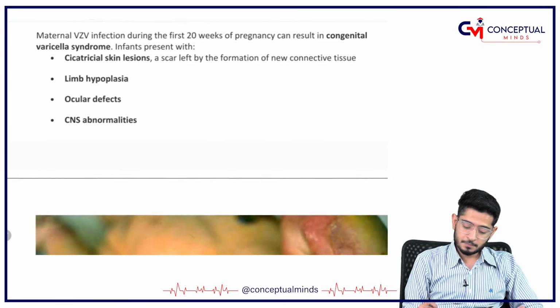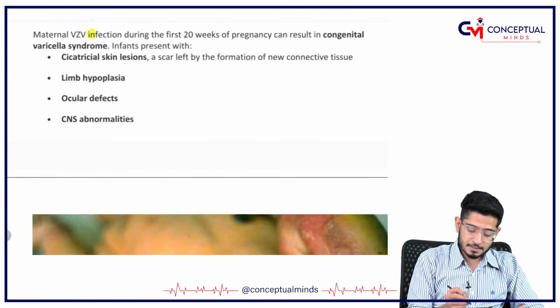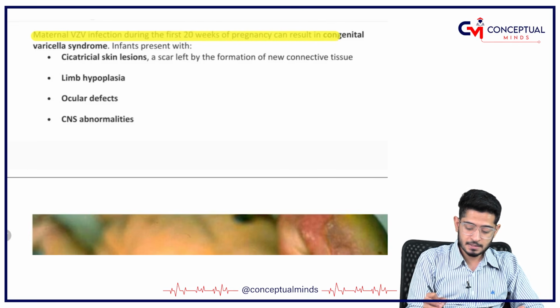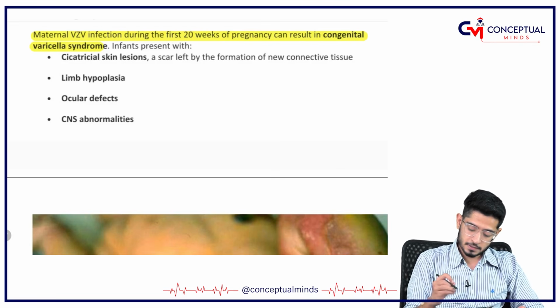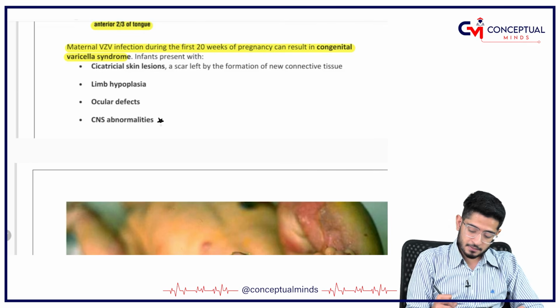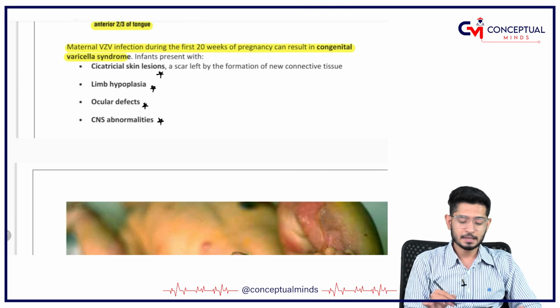Now, in pregnancy, I told you, maternal Varicella-Zoster infection occurring in the first 20 weeks of pregnancy can cause congenital varicella syndrome. And what is congenital varicella? Remember, there will be brain defect, eye defect, limb defect and cicatricial skin lesions.